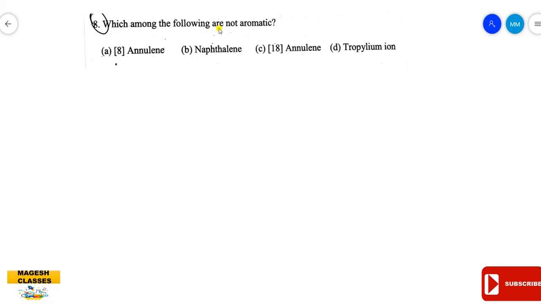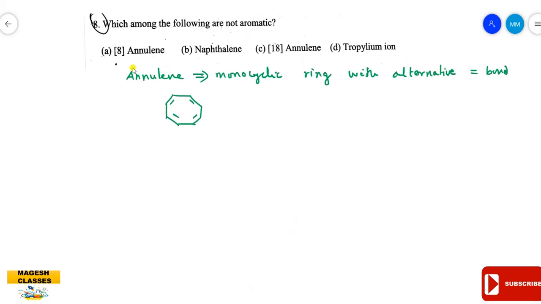Next question, which among the following are not aromatic? Annulenes like [8]annulene, naphthalene, [18]annulene, and tropylium ion are given. Annulenes are monocyclic rings with alternating double bonds.